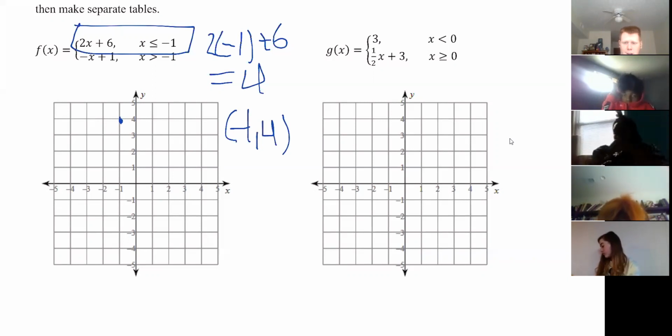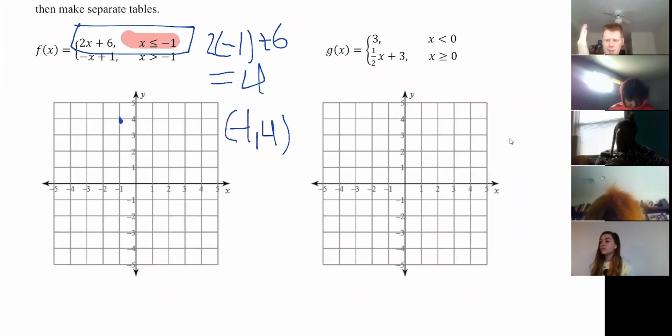Now that we've got our first point on this function, look at the domain. It's x is less than or equal to -1. I think it might be mirrored on my camera when I do these hand gestures. So it's everything to this way on our line.